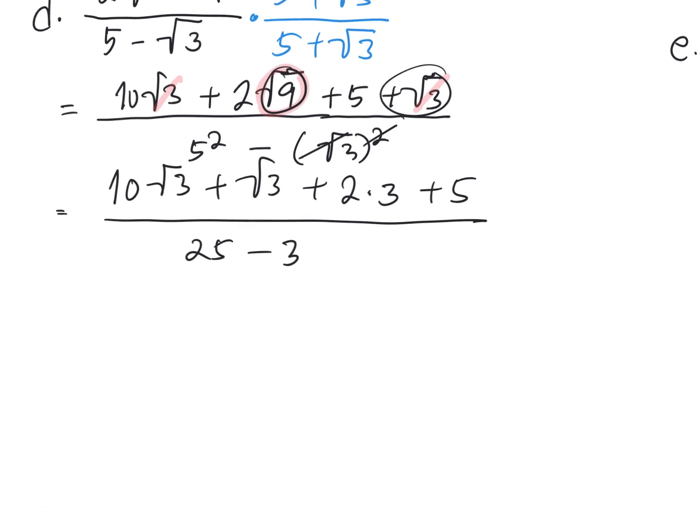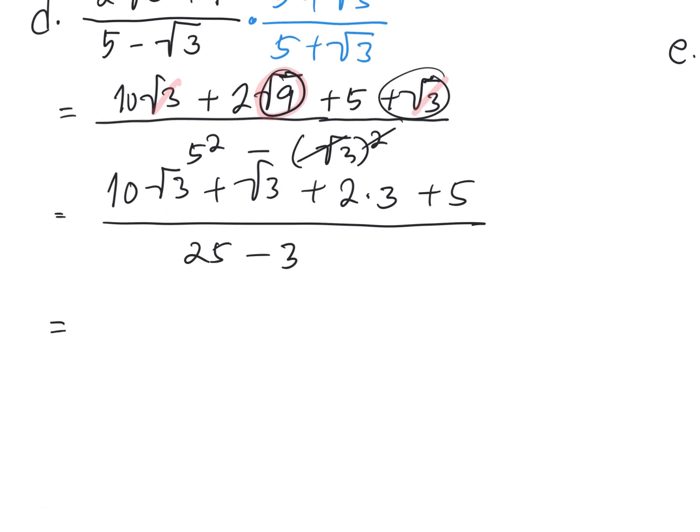Continuing the process, we have 11 root 3 in here. For this one, 2 times 3 is 6, and 6 plus 5 is 11. So that's going to give you 11, all over 25 minus 3, which gives you 22.